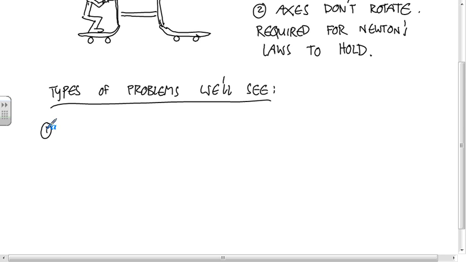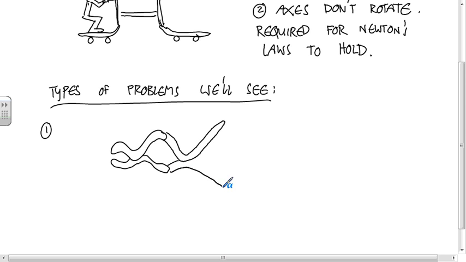You can imagine a structure made up of several different members. So say that these are connected by pin joints here, here, and here.